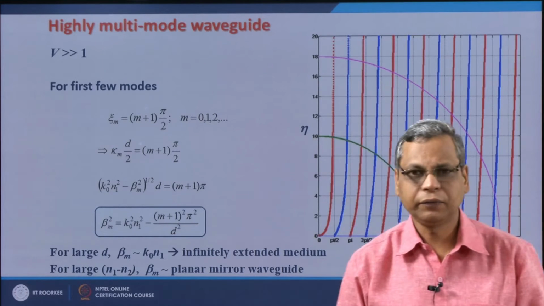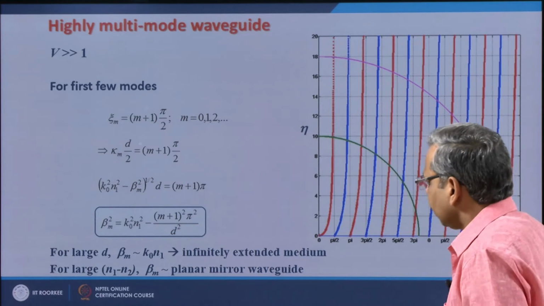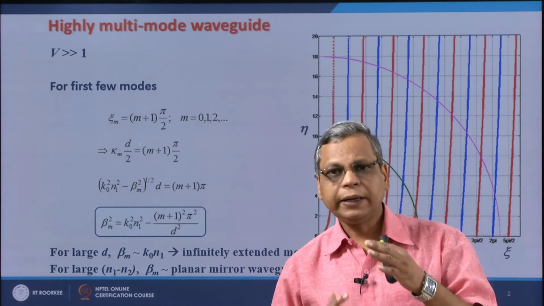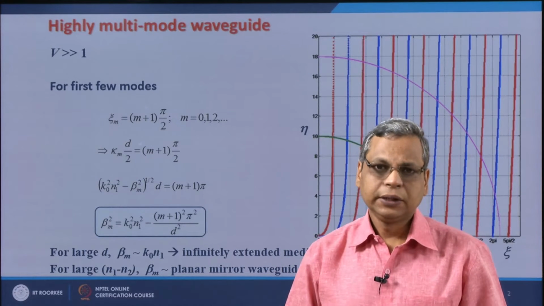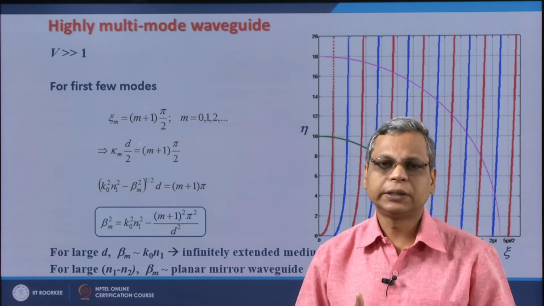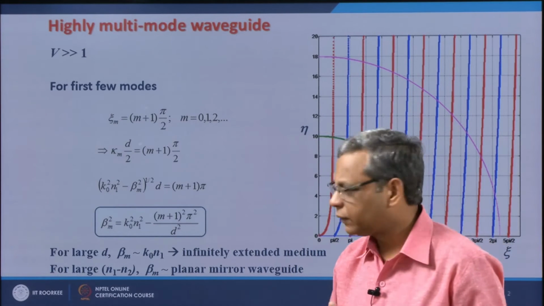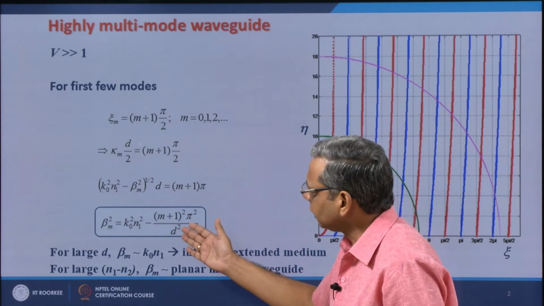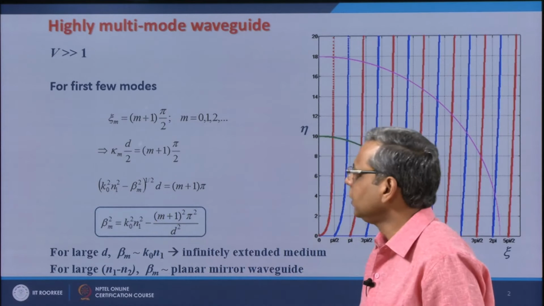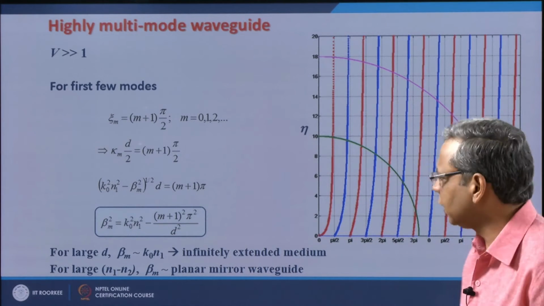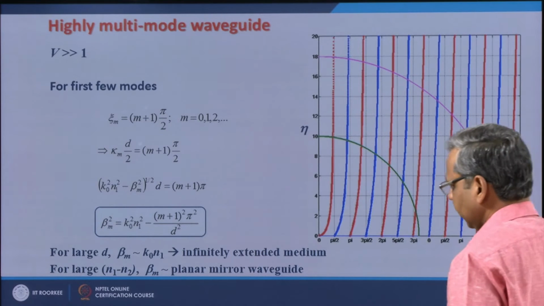So, it would be difficult for the wave to penetrate into n 2 region. So, it would be very close to what is planar mirror waveguide, and in that case you can see the expression for these beta closely resemble the expression of beta for planar mirror waveguide.